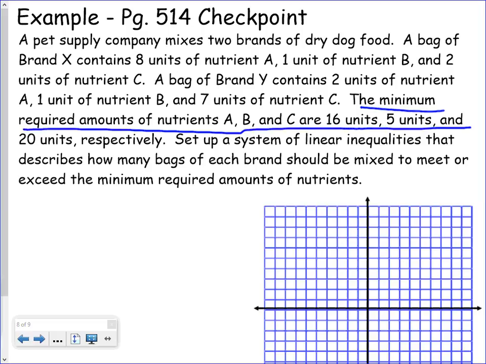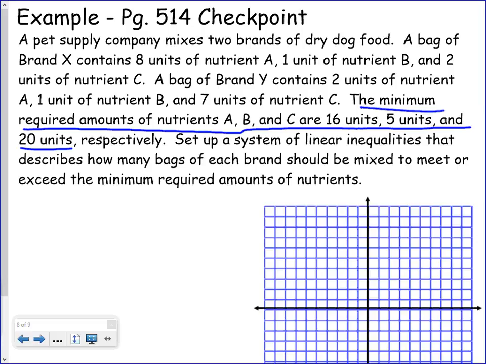I think this sentence that Mason just described is super important to you writing an inequality, because it's talking about the minimum requirement. So you want A to have at least 16 units, you want B to be at least 5 units, and you want C to be at least 20 units.